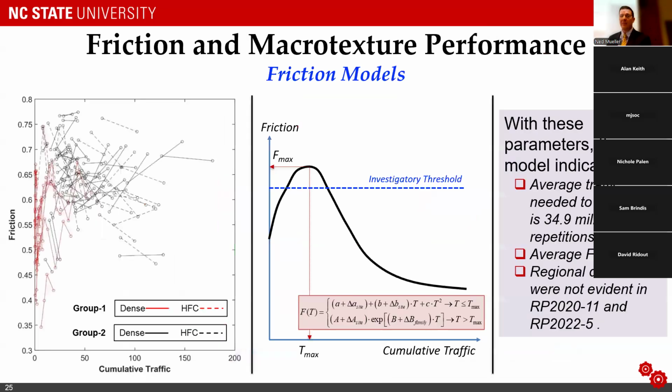Beyond collecting data, we've worked to develop friction models to identify how long it takes for the friction to be regenerated after an overlay. One of the things we learned quite early in our evaluation is that friction can drop after an overlay. I don't think that's entirely surprising to anyone, especially if you've driven on a recently overlaid pavement.